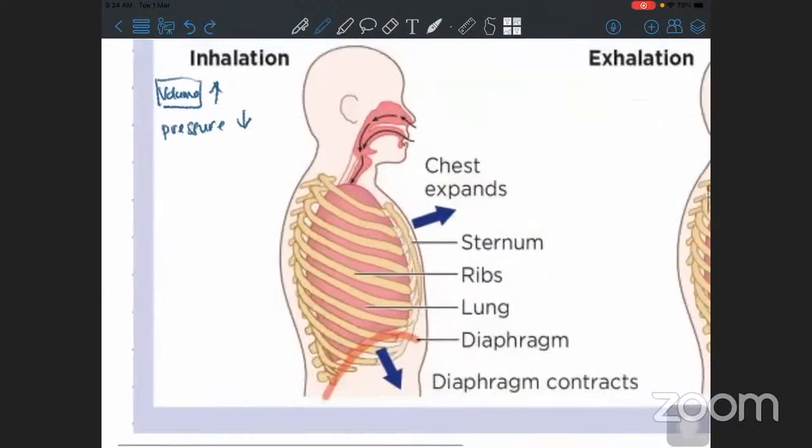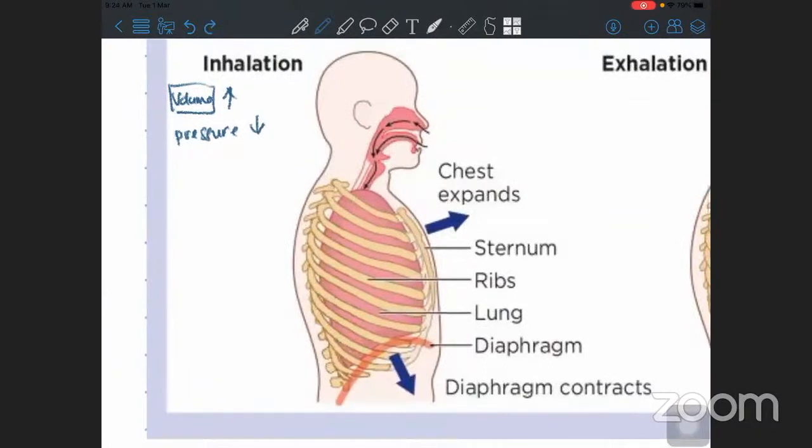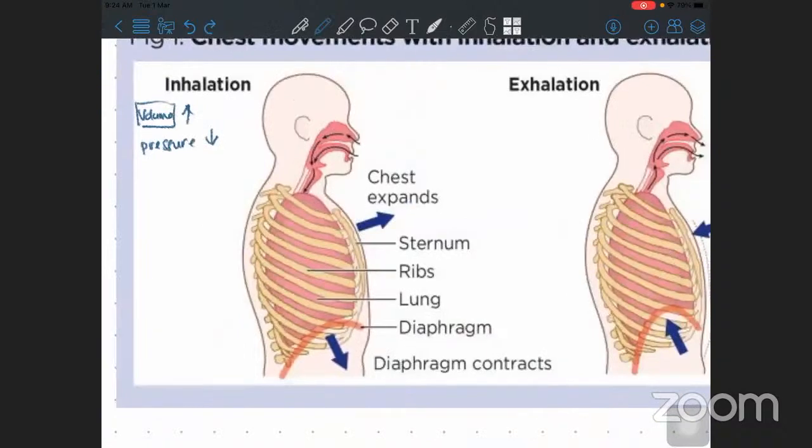How do we create a larger volume and lower pressure? Firstly, you need to know that the chest will expand. How does it expand? The external intercostal muscles will contract and move out, and the ribs also will move out.